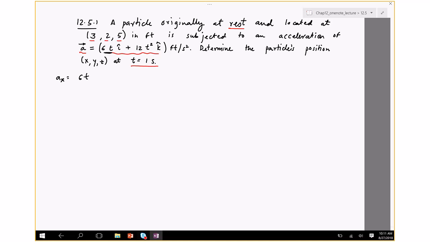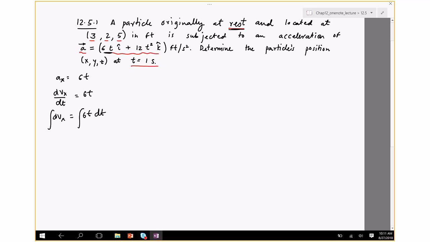So I'll write acceleration x is related to the velocity by this formula: dvx dt equals 6t. So dvx equals 6t dt, and then if I want to integrate this, I need the limits. So are we given something about the velocity?